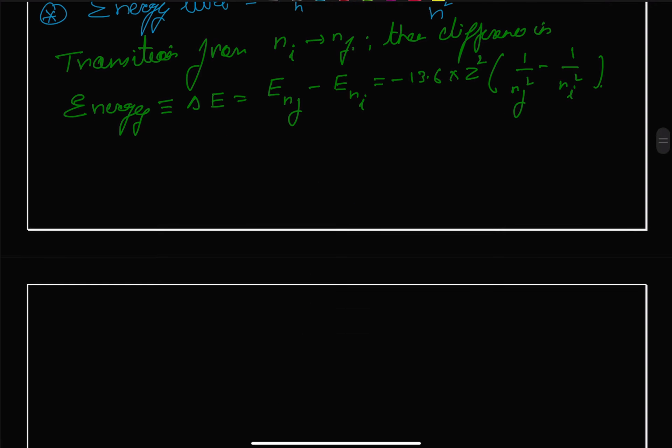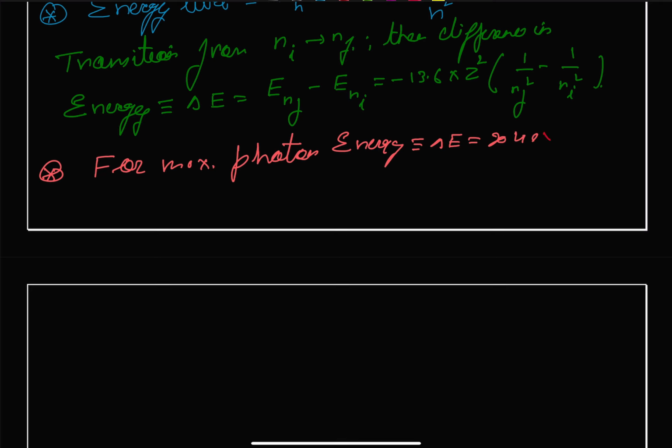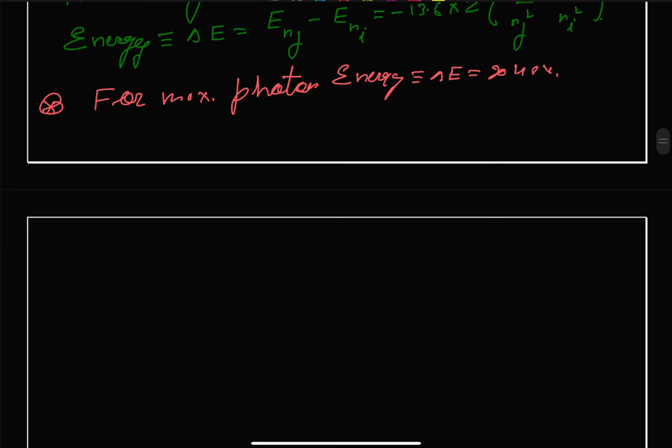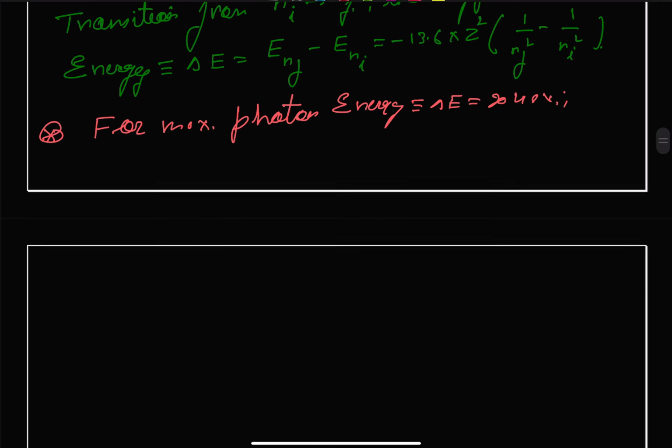So we can use the formula that for maximum photon energy, the value of delta E, that is our 204 electron volt, and the transition is from 2n to 1.